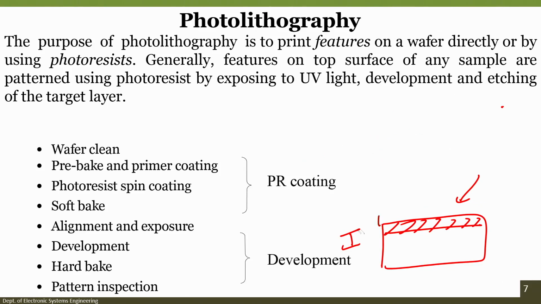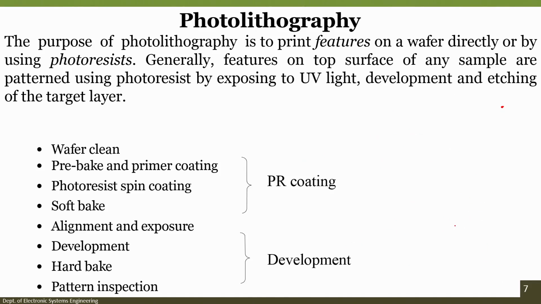So, as we have discussed, if you see the steps, the first step is always wafer cleaning followed by pre-bake and primer coating. After wafer cleaning, I said that we place the wafer on a hot plate to remove the water vapor, that is your pre-bake. And primer coating, I said HMDS.